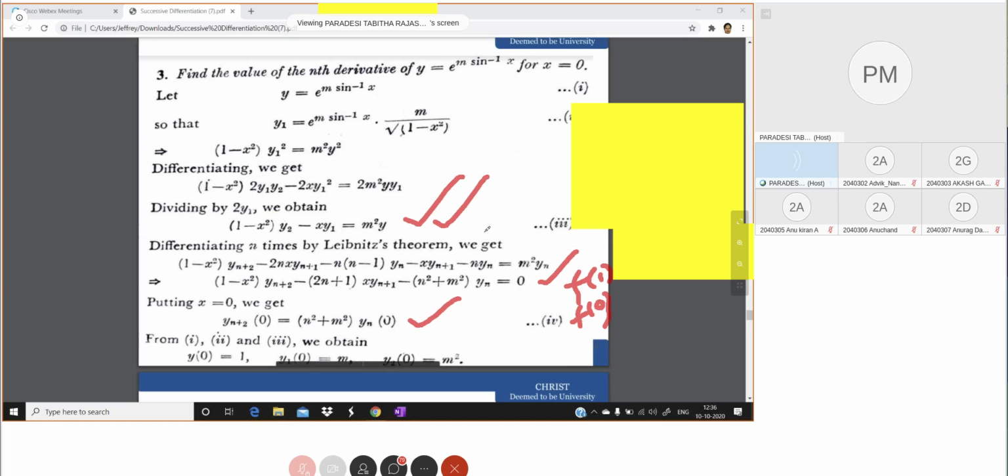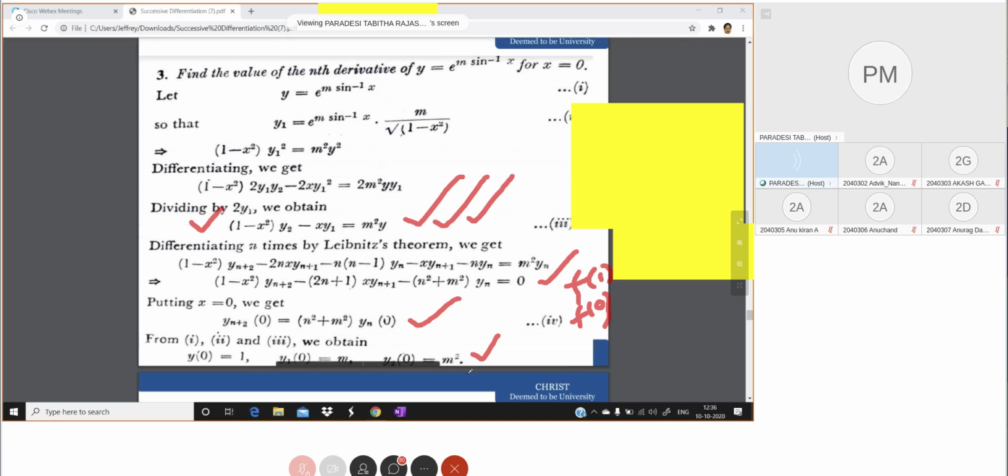One of you quickly answer. Who asked me about this, to check what is y2 of 0? Did you get it? Please confirm. Y2 of 0, we wanted to show that it is m square. So wherever x is there, we put a 0 and we got y2 of 0 equal to m square into y of 0. But y of 0 is 1. So that is why y2 of 0 is m square.